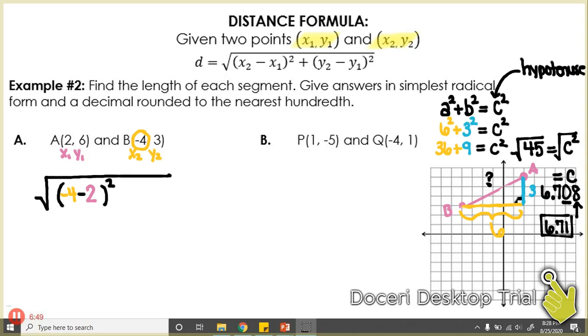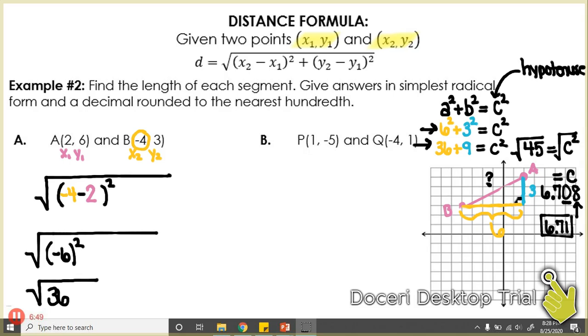And you will notice that if I take -4 minus 2, that gives me -6, and -6 squared is 36. Well, if you look at our original work, that's exactly what we got over here. We used 6 and then 36. So those numbers are coming from the same place.